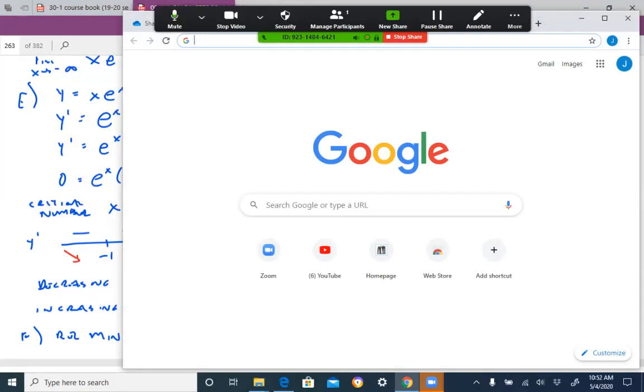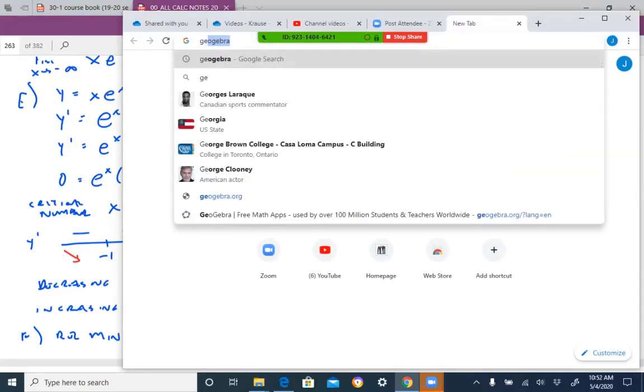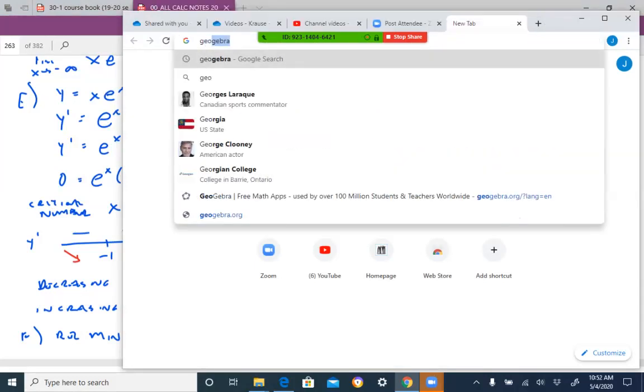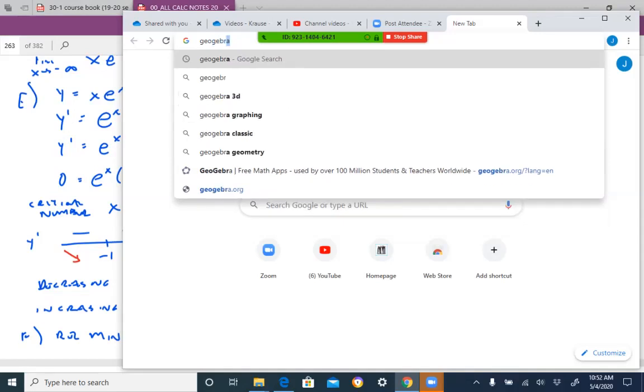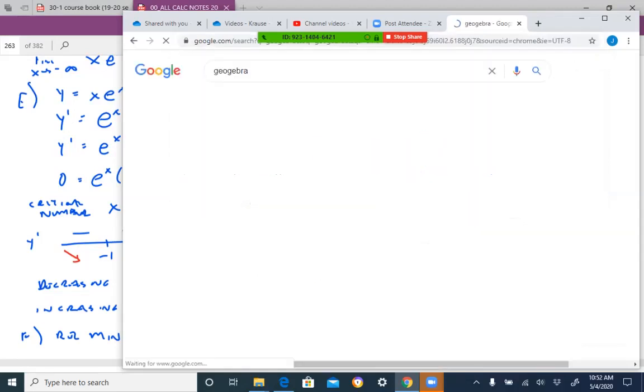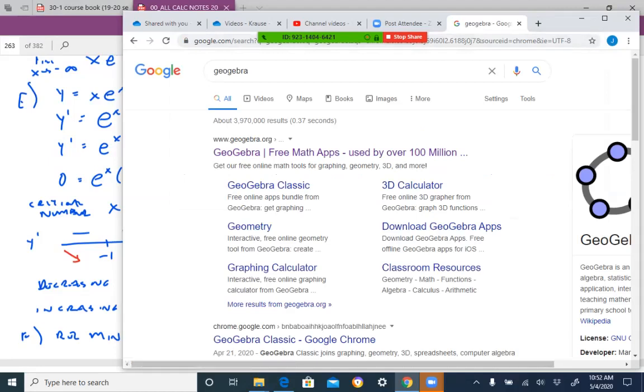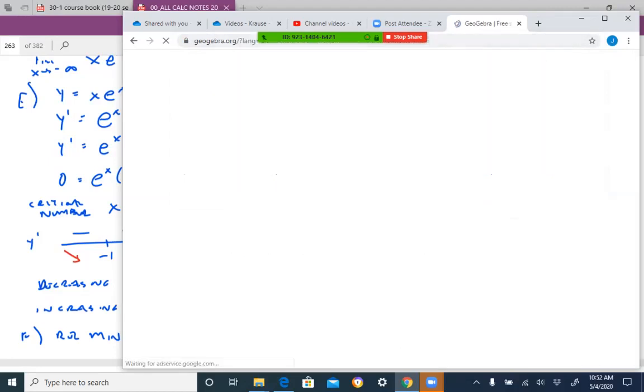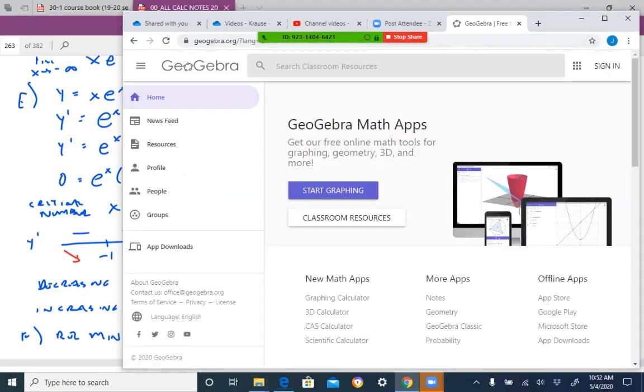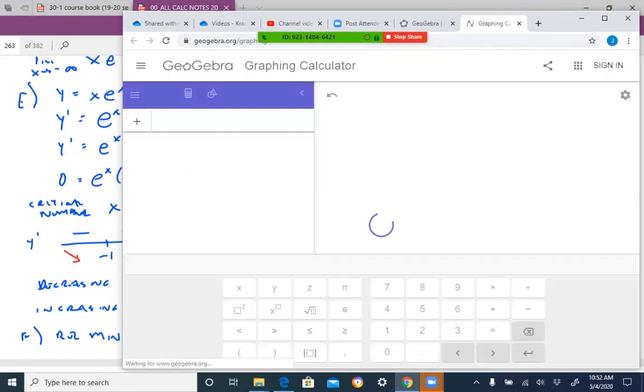And I'm going to Google GeoGebra. When we go to geogebra.org, it says start graphing. Let's go to the graphing calculator.